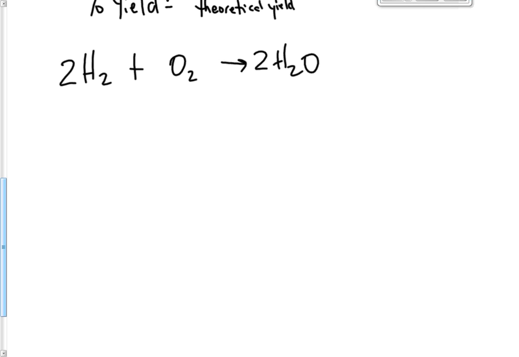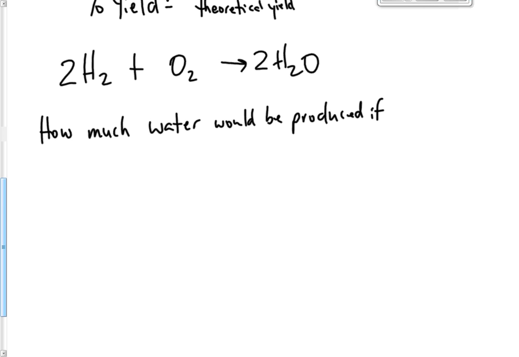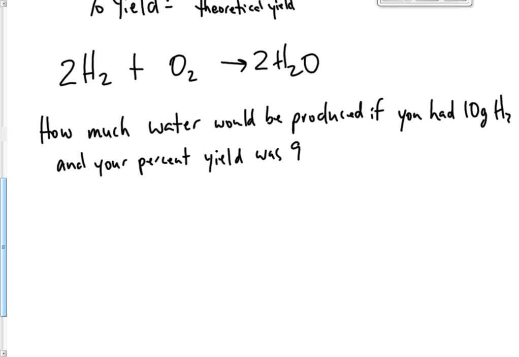Okay, so the question is, how much water is produced in 10 grams of hydrogen gas, and your percent yield was 93%.